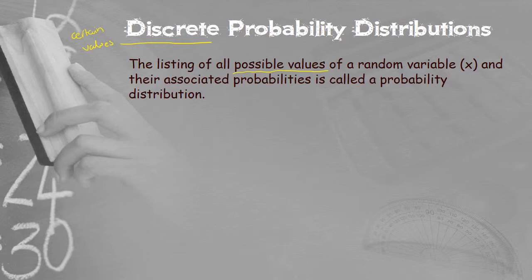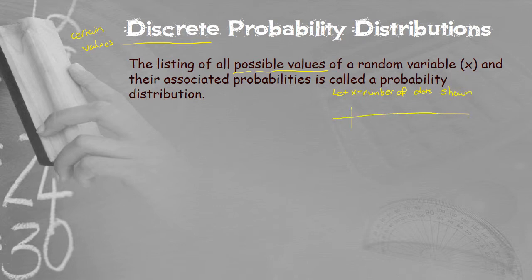As a quick example of a probability distribution, if I was to roll a fair die, we could let x equal the number of dots shown when we roll a die. Okay? Because that's what happens when we roll a die, it has a number of dots on it.